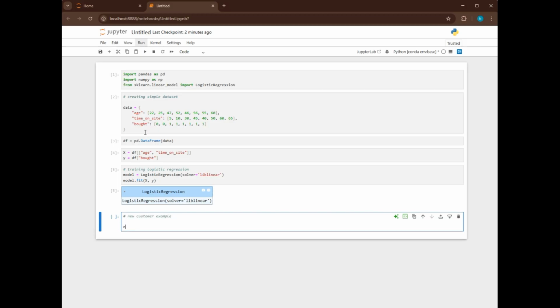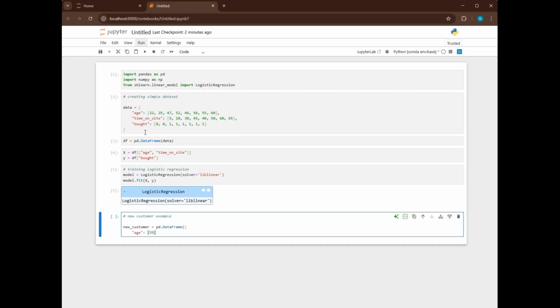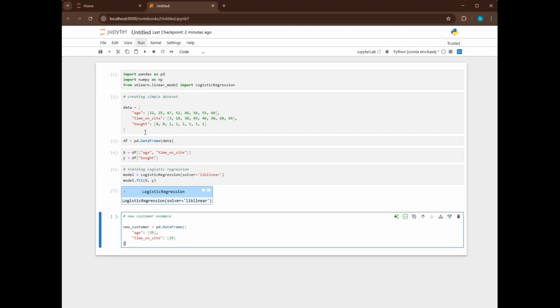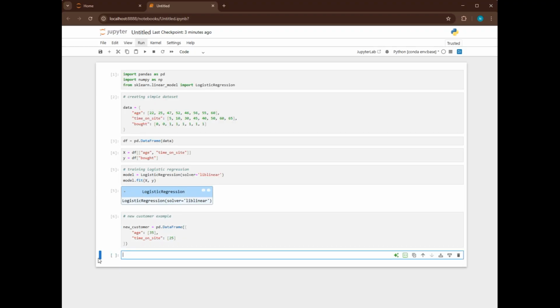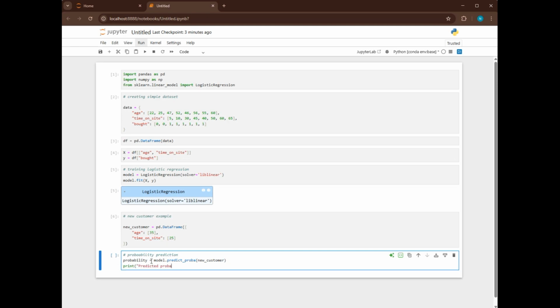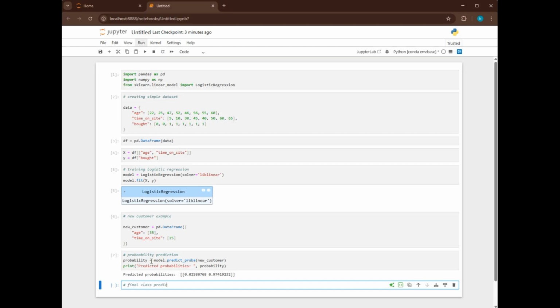Now watch this carefully. Instead of giving me yes or no, the model gives me probabilities. This means there is an 82% probability that this customer will buy.